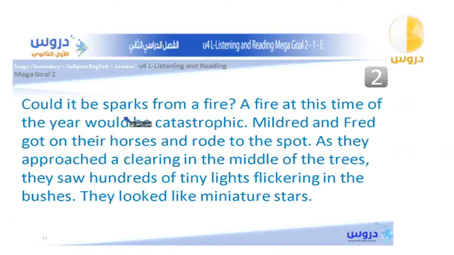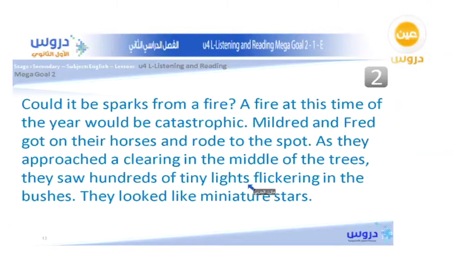As they approached a clearing in the middle of the trees, they saw hundreds of tiny lights flickering in the bushes. They looked like miniature stars. This is also strange.